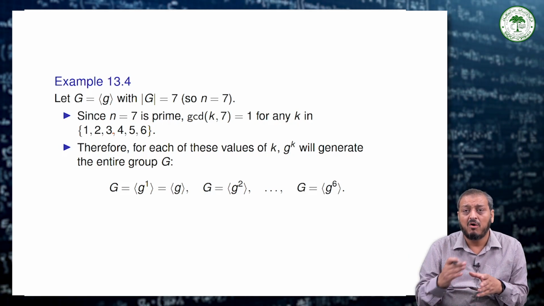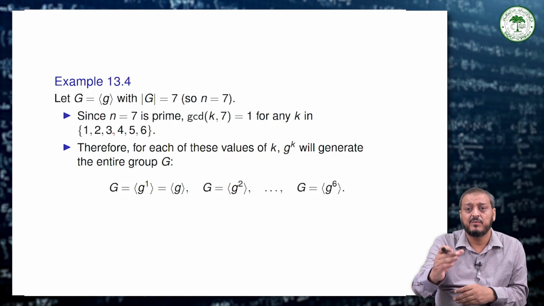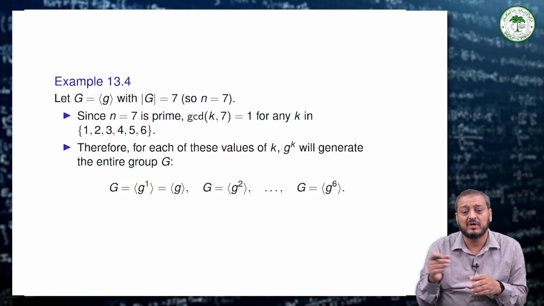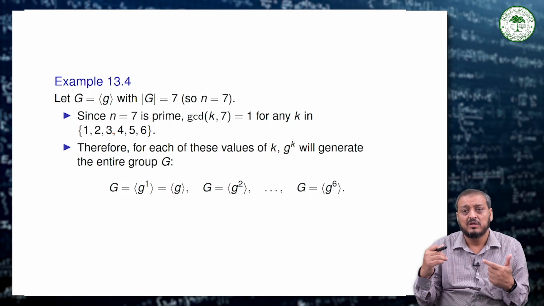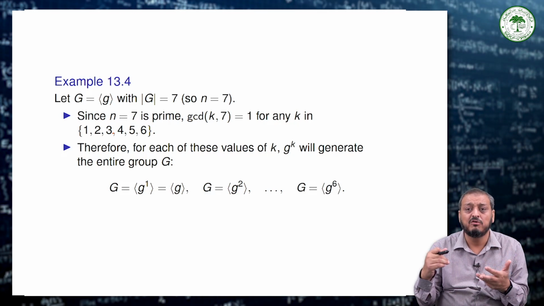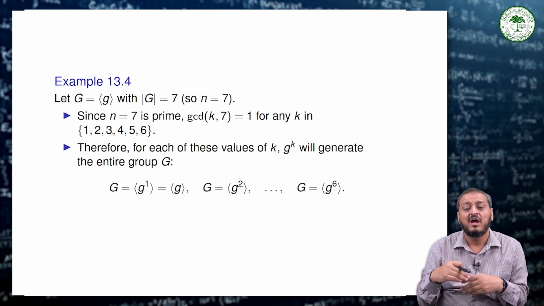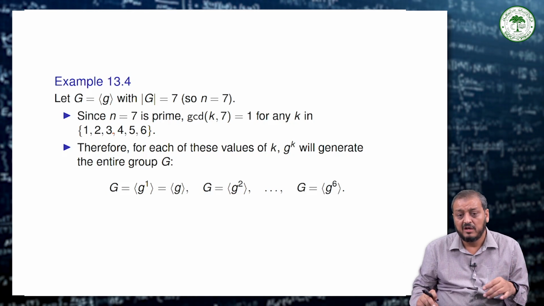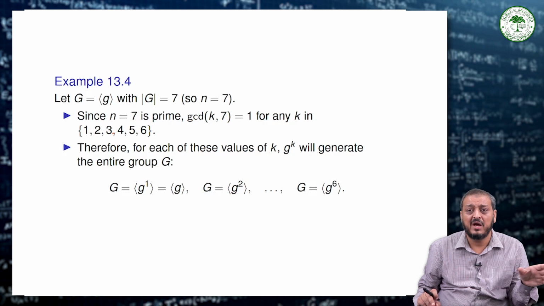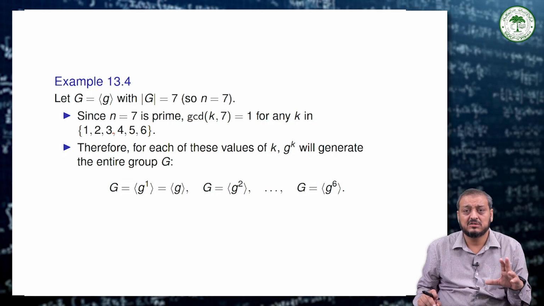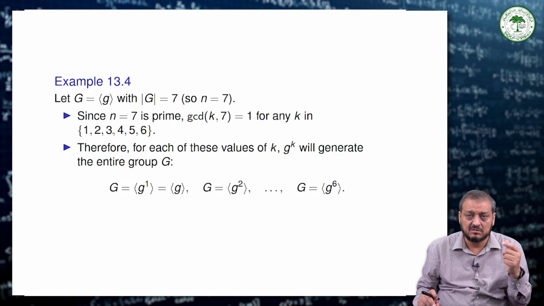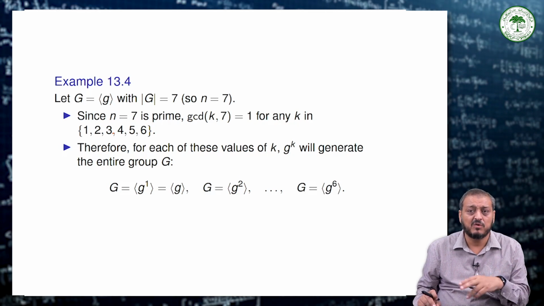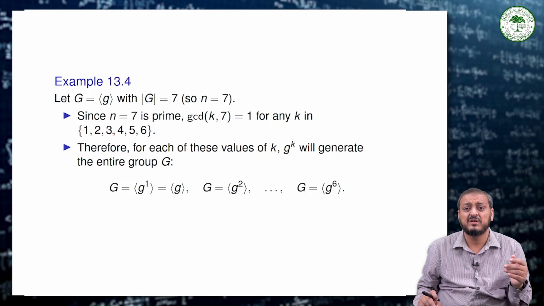This means 1 to 6 are all relatively prime to 7, and that means g to the power k, that is g, g squared, g cubed, g to the power 4, 5 and 6, generate the entire group. So in this case, because the order of the group is a prime, n should be relatively prime to all the n minus 1 elements.